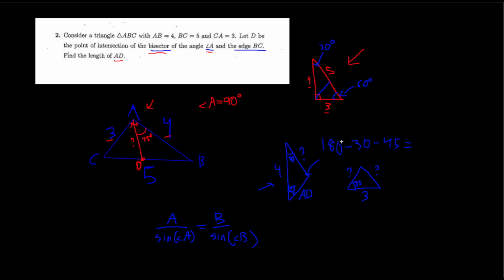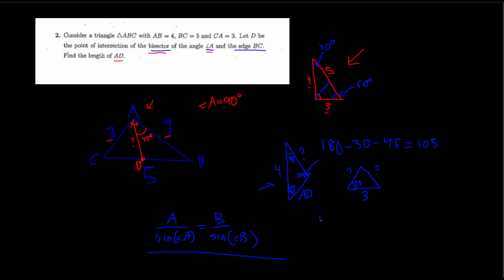So that would be 150 minus 40 would be 110, minus 5 would be 105. So this angle here is 105, which means that we can now use this equation.